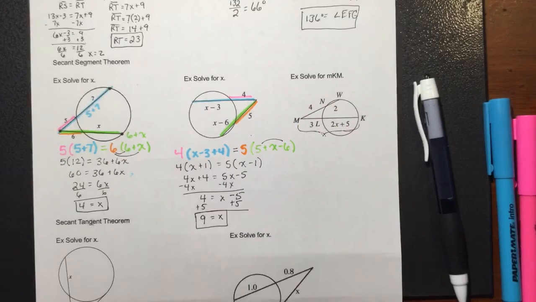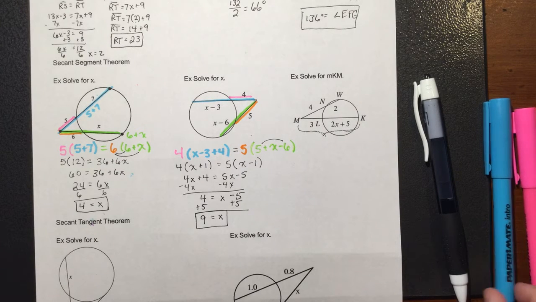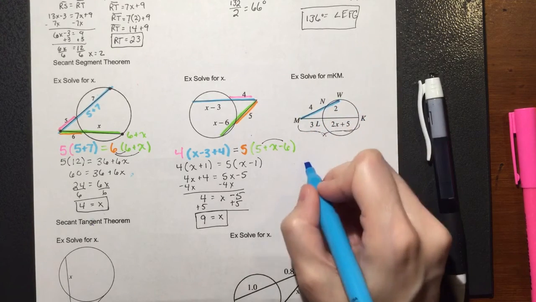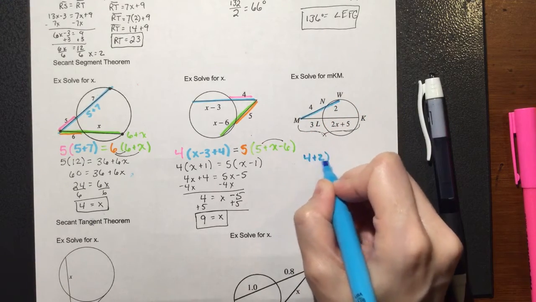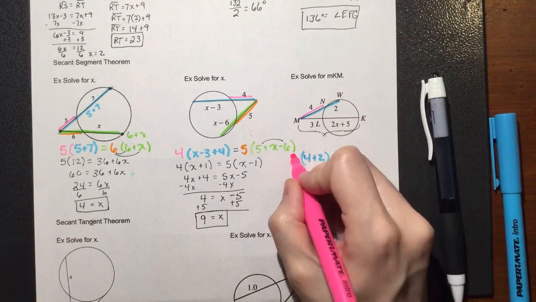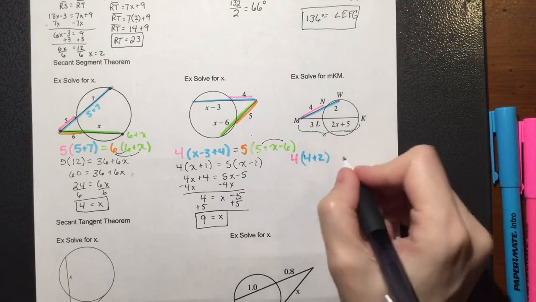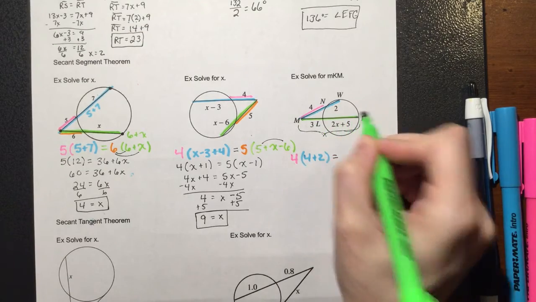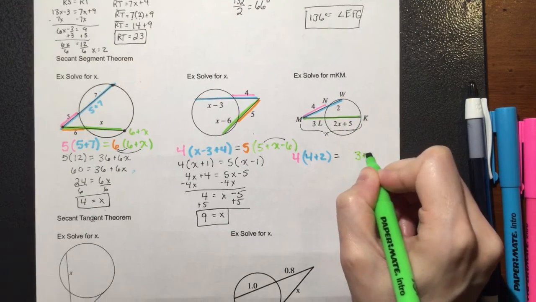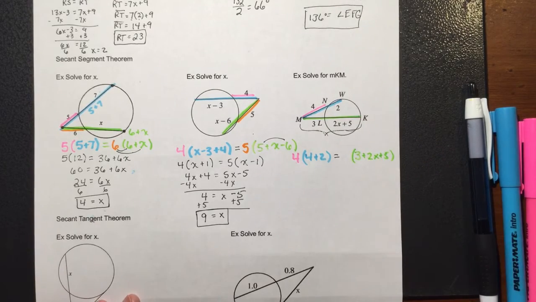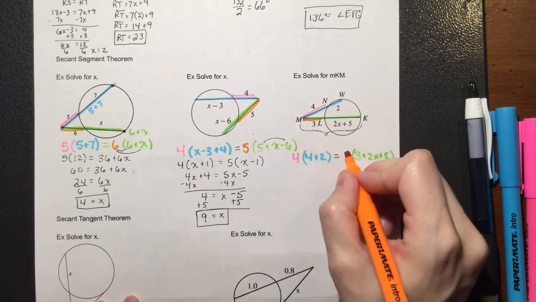So whenever you're doing two secants, you've got your secant segment theorem, which says that the secant segment, which is 4 plus 2, times the external secant segment, which is 4, is going to be equal to the other secant segment, which is going to be 3 plus 2x plus 5, times the other external secant segment, which is 3.